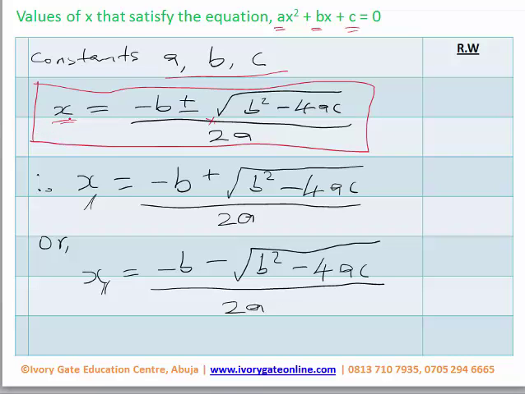But the main thing here is that because of this plus or minus, most cases x has two values. The first one, x is equal to this relation, we pick only the plus, and the next one is we choose the minus. Okay, so these are the values of x.